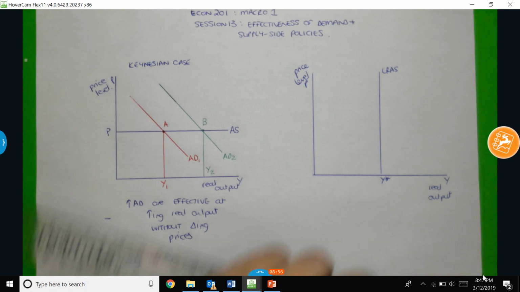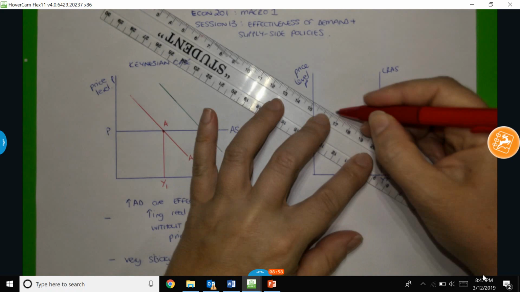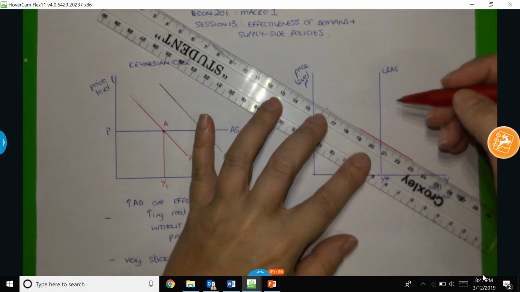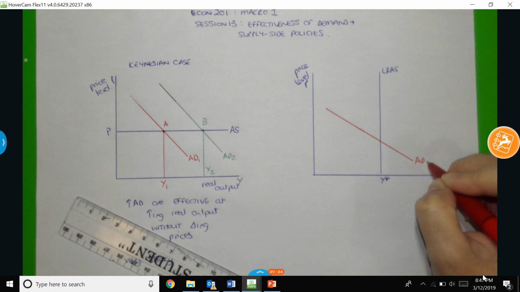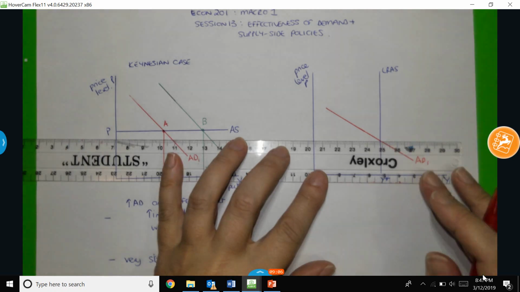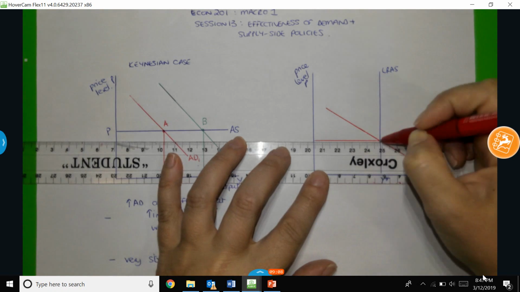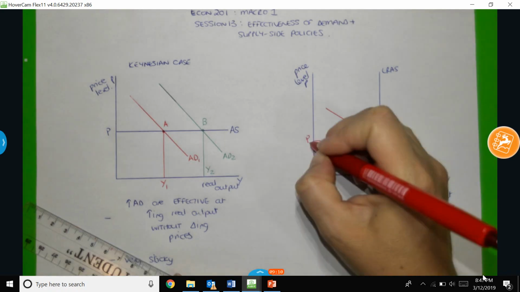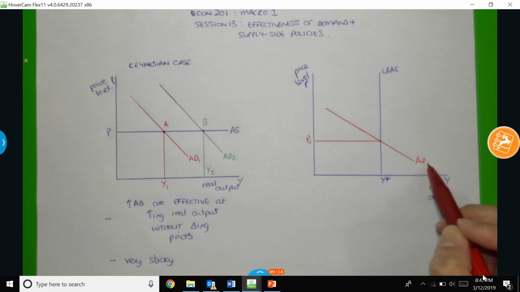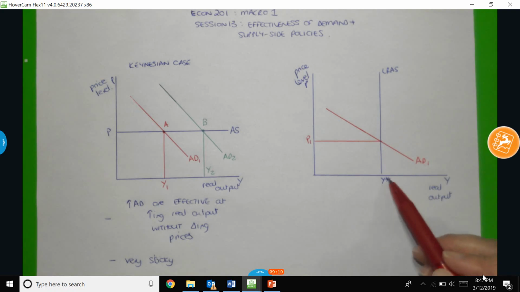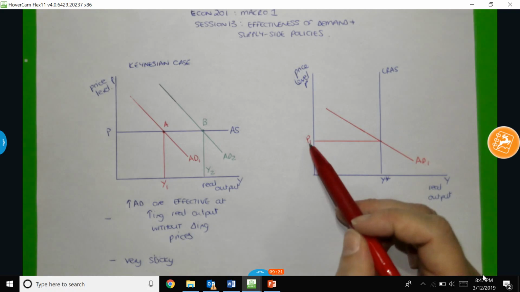In this economy, the demand for goods and services will determine the price at which that output will be sold. Okay? So when the demand for goods and services is at a level AD1 and output is Y star, the price at which that output will be purchased and sold is P1.